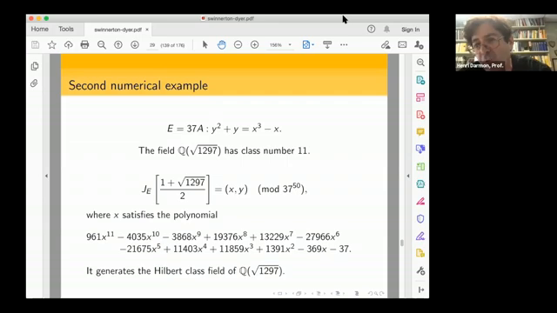Therefore, we can actually predict in advance when these invariants will be non-trivial and generate the predicted class fields. So that's maybe a little bit of an easier way of getting at the construction of class fields.